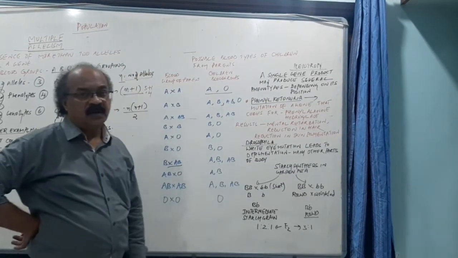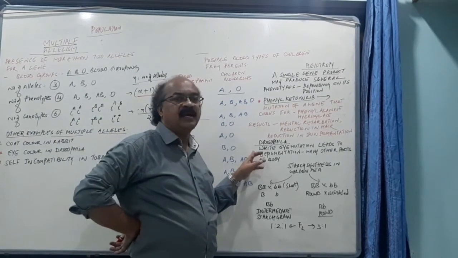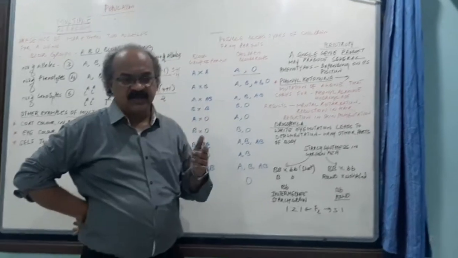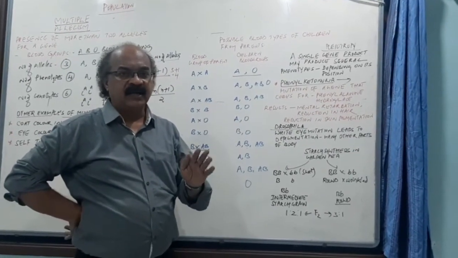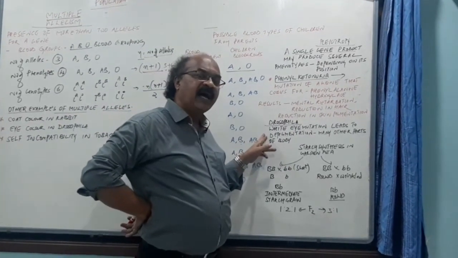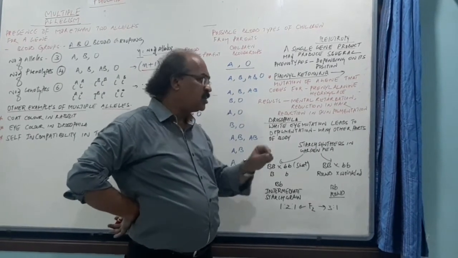Drosophila, white eye mutation. Actually, in Drosophila we come across a red color, that is dominant, and white color, that is recessive. But in the case of white eye color, some mutation happens.